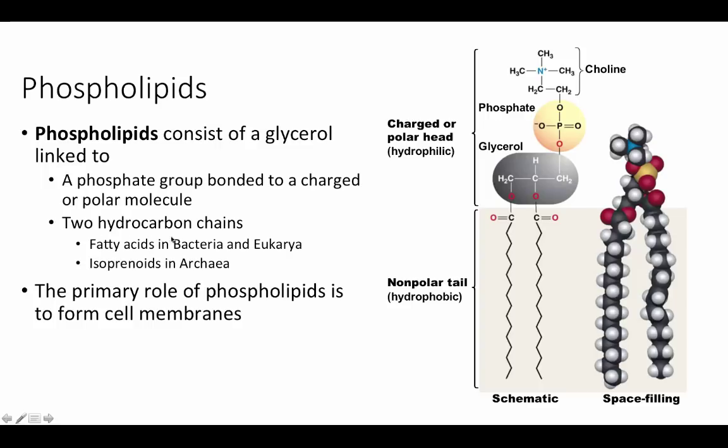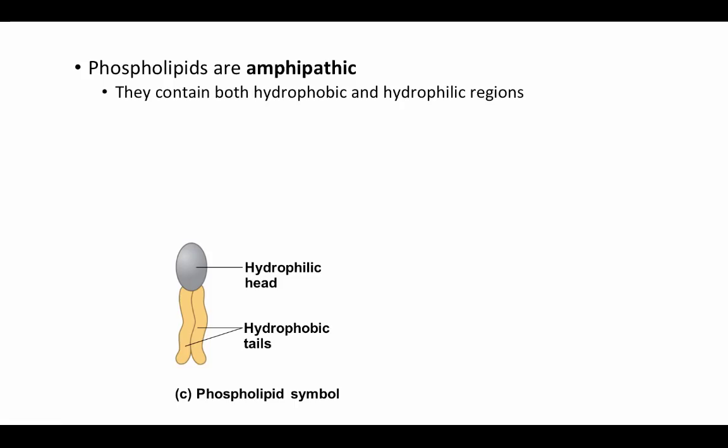In these hydrocarbon chains, these are going to be fatty acids in bacteria and eukaryotes. It's going to be a little bit different in this one kingdom of life, archaea. Isoprenoids are another category of hydrocarbon chain that you don't need to worry too much about what exactly that is. And the primary role of these phospholipids is to form cell membranes. So let's take a look at how they do that.